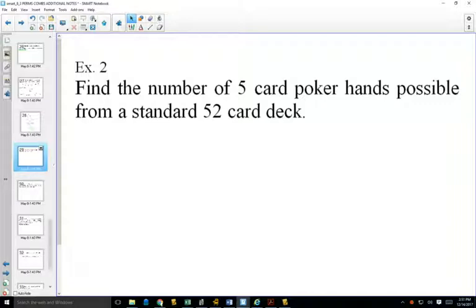Now for those of you that know poker, this is like the worst hand possible, all different. I have a high card that's a queen, but this is not a good hand at all. But what's amazing about this hand is the order doesn't matter.